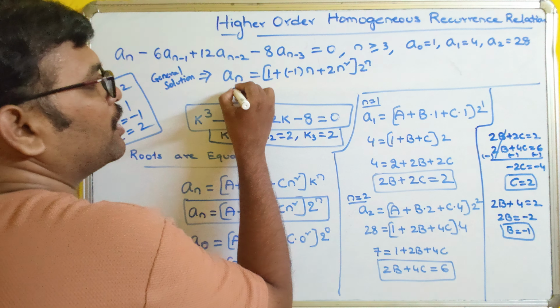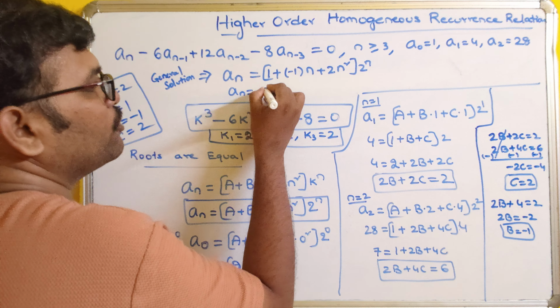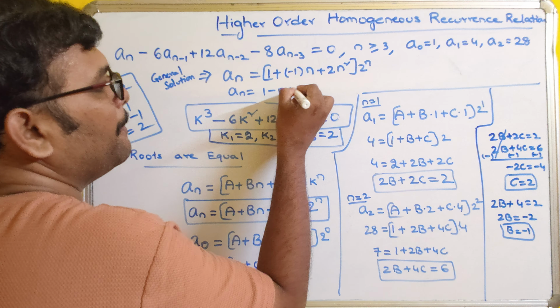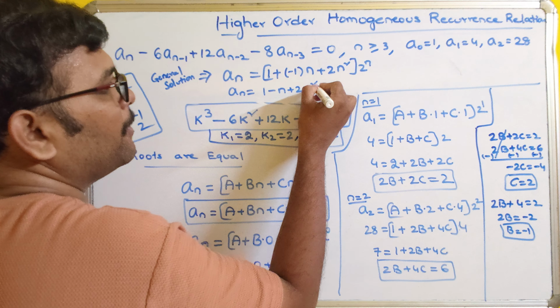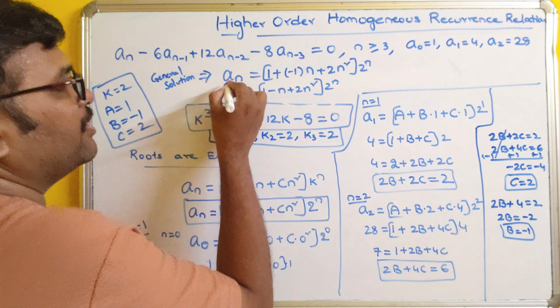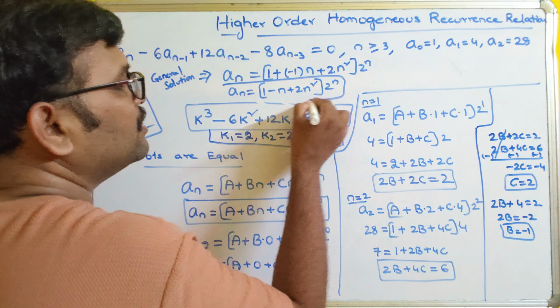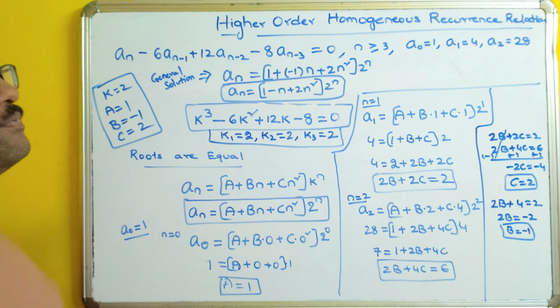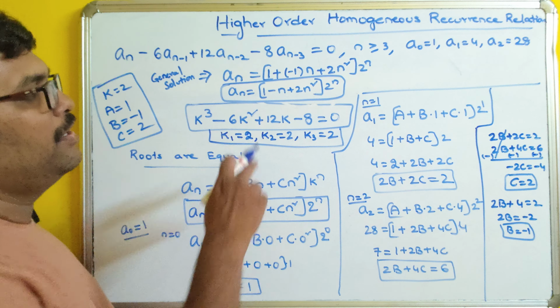So this is the formula. This is the general solution. an is equal to (1 minus n plus 2n square) 2 power n. So this is the general solution for this particular equation.